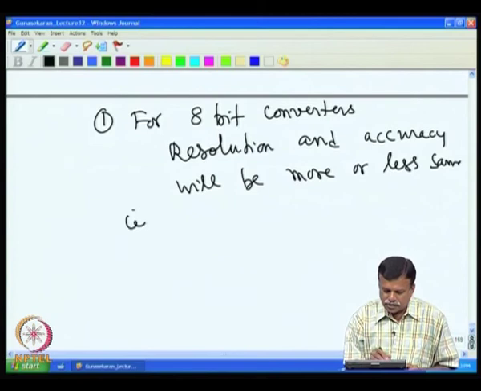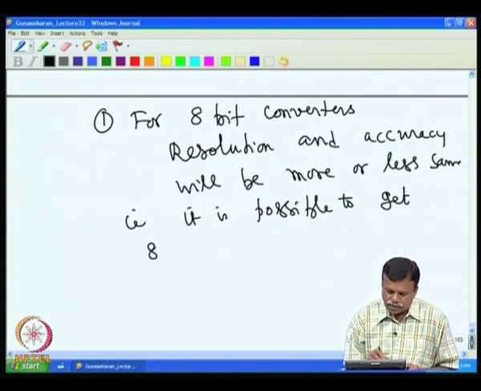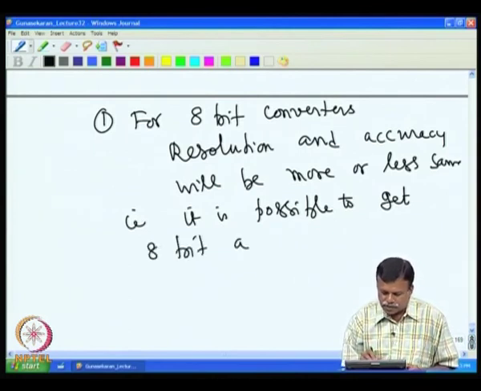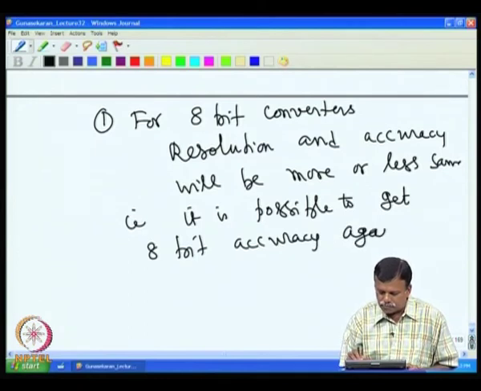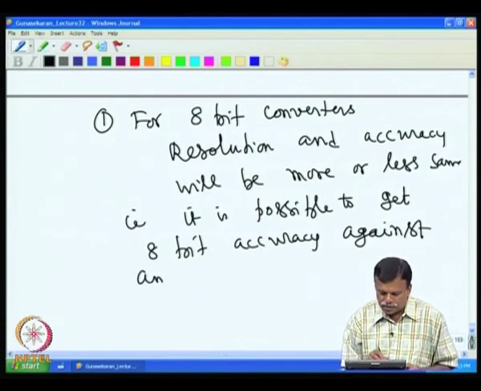That is, it is possible to get 8-bit accuracy against ambient temperature variation.